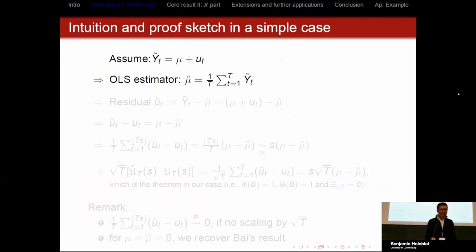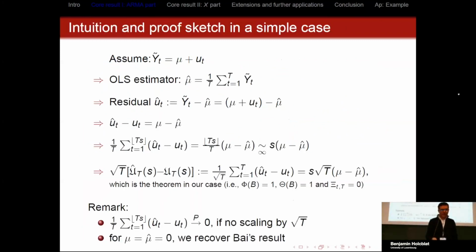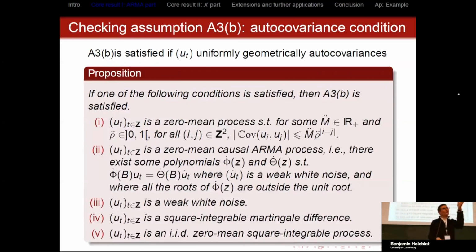The first one is that, it's not long range, it's the opposite of long range, sorry. If the autocovariance decreases geometrically, then assumption A3b is satisfied. So if you have a standard ARMA, it will be satisfied. Of course, this is satisfied by weak white noise, IID, causal ARMA, and so on.